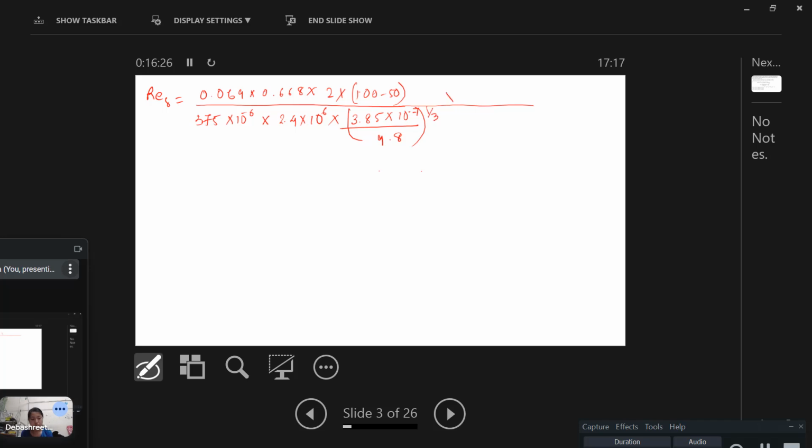Now into, we have another numerator part, that is Prandtl number to the power 0.5. Prandtl number is given as 2.35 to the power 0.5. Now this minus 151 Prandtl number 2.35 to the power 0.5 plus 253, whole to the power 4 by 3.